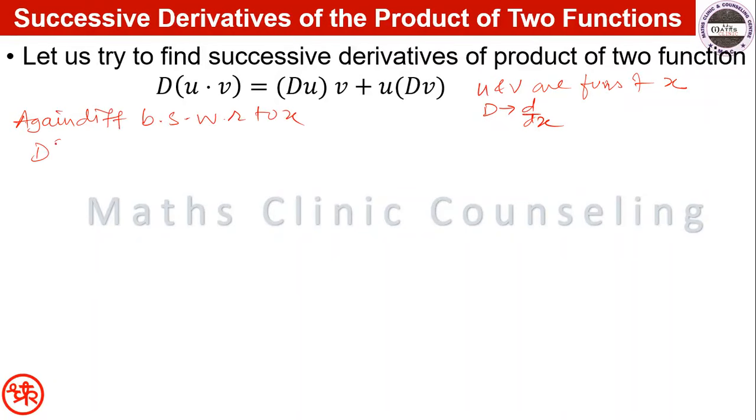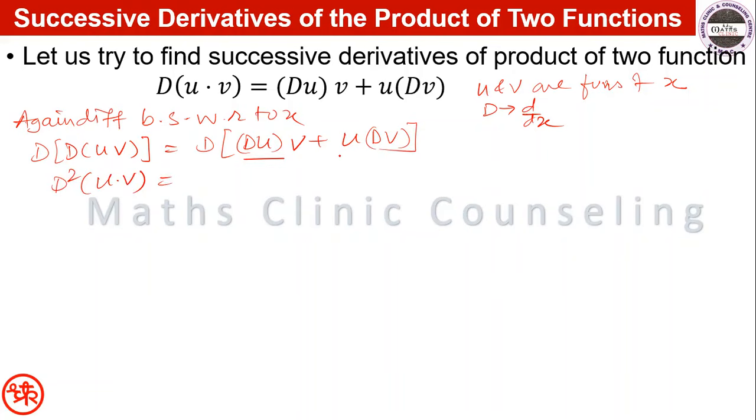Then you will get d of d(uv), right? It is equal to d of (du into v plus u into dv). The left hand side would be d square of u into v.